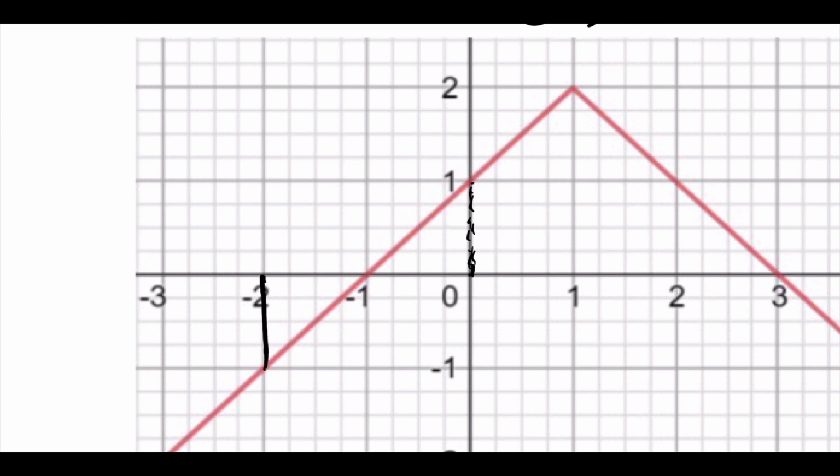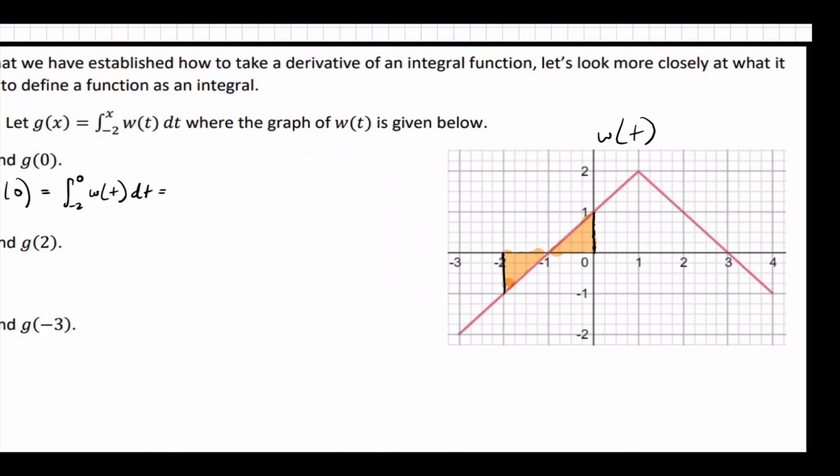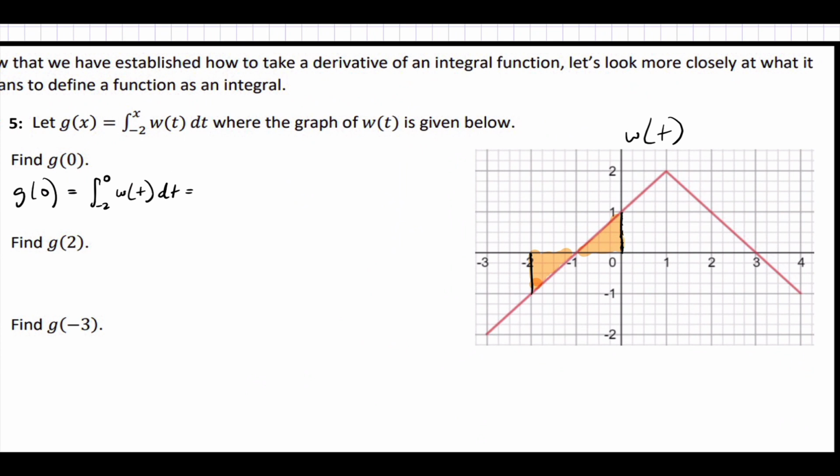So from -2 to 0, we're going to shade back towards the x-axis. We've done this before. You guys had it on your quiz that we took a few weeks ago. So essentially what that question is asking is how much area is under that curve from -2 to 0.